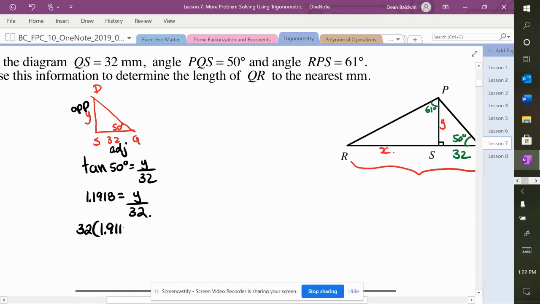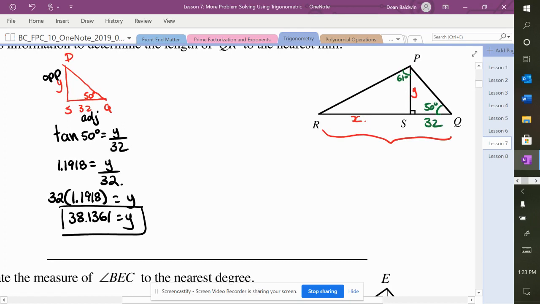And remember, in these intermediate steps, carry like 4 decimals. 38.11361. People agree with that? Yes? No? Okay. So now I have Y.